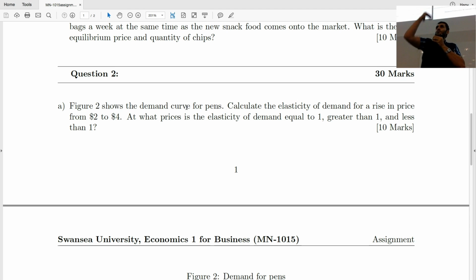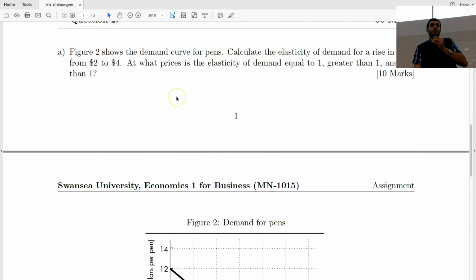On the top part, we explained why it is elastic, in the middle why it is equal to 1, and then why it is less than 1 in the bottom part of it. My point is the only thing you need to identify is where these are: where it is equal to 1, where it is more than 1, where it is less than 1. I'm not going to say more about this, so go back to the lecture. The lecture is on YouTube, and you will see this point.